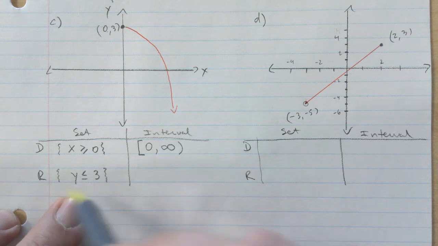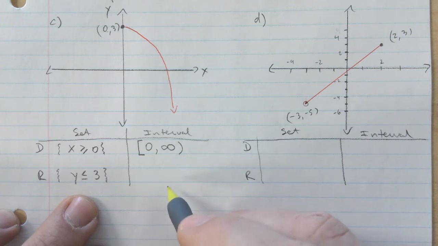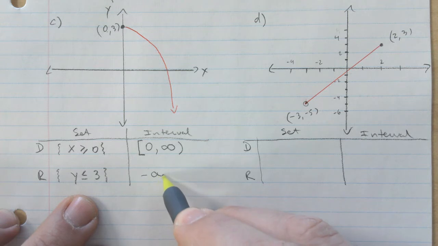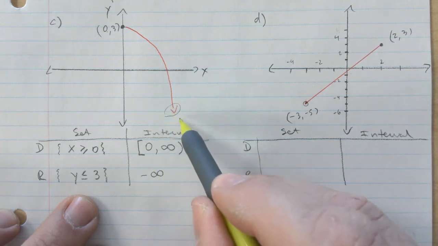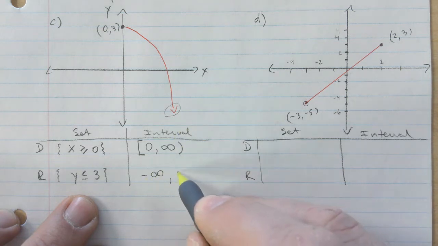For range, you're going from, like, what's smaller? Infinity seems kind of big. But the truth is that it's negative infinity. Okay? Because of this, it's going to negative infinity here in terms of the y. So that is smaller than 3.